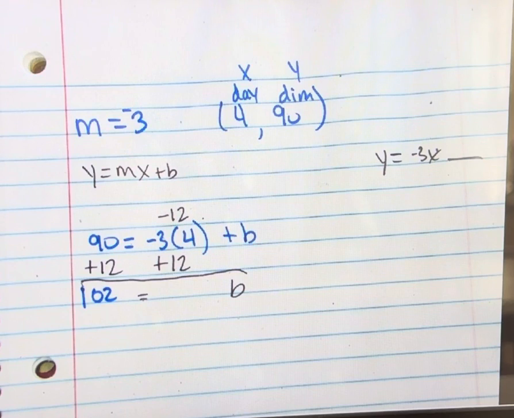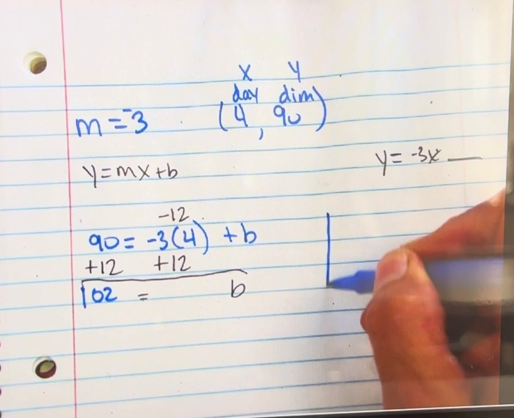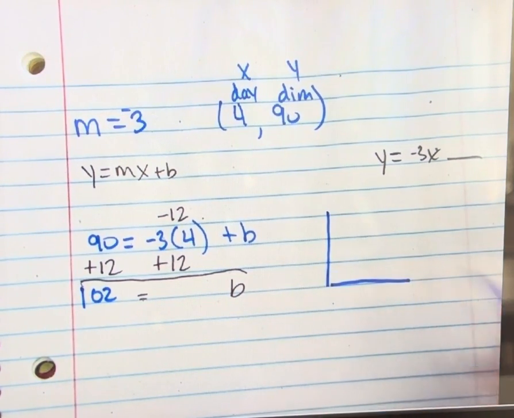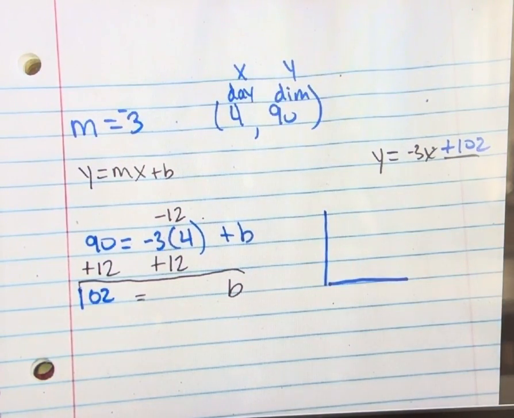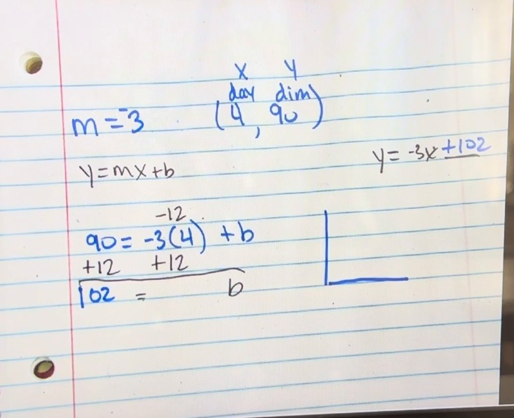Okay. So before you graph, especially if you're having trouble with it, it's a good idea to kind of sketch your graph out. And this is what your sketch would look like. So your y-intercept is 102. And it also asks on our paper, how many demos will she have after 10 days?